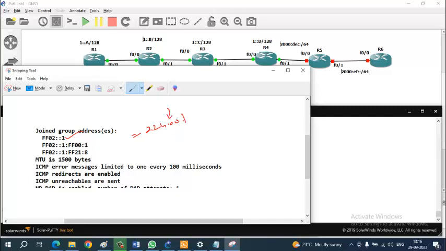You need 224.0.0.2 to ping, to route. This is enabled on every interface in IPv4.